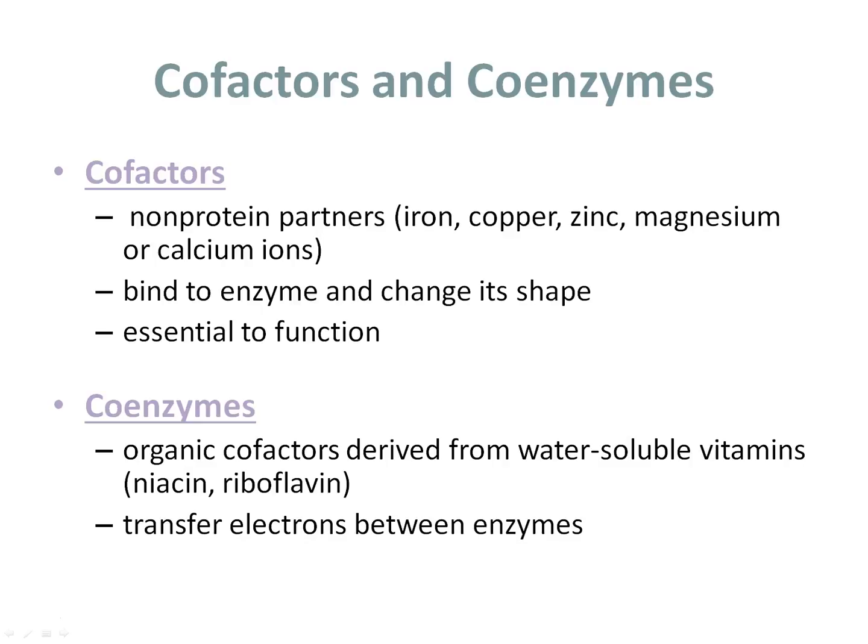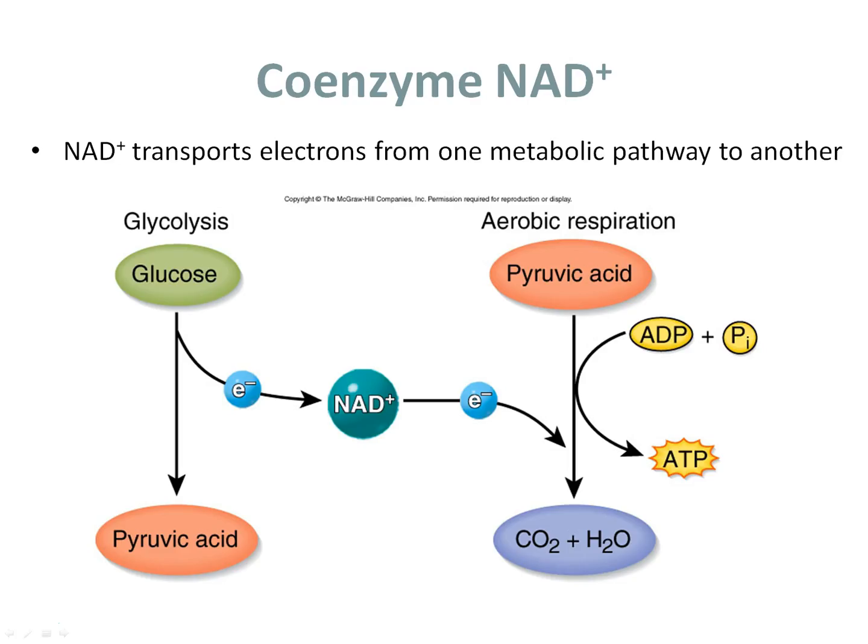But coenzymes are electron school buses, and they come from B vitamins. So an example of one of these coenzymes is NAD, and it transfers electrons from glycolysis to aerobic respiration. So it brings those electrons from glycolysis into the electron transport chain.